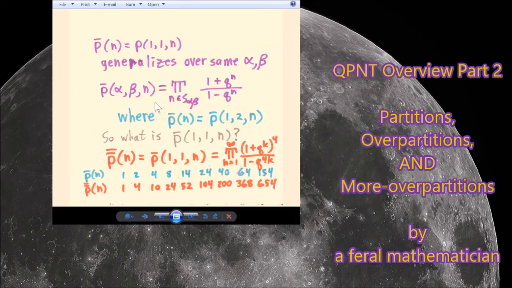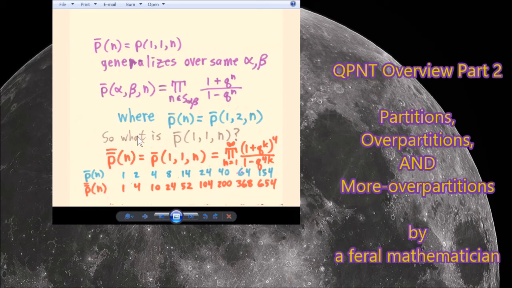And we end up with, just as before, the standard over-partitions of n given by the generalized function when alpha equals 1 and beta equals 2. So now we are back on a recurrence, a cycle, where we can say, well, what is the generalized over-partitions function of 1, 1 of n? Well, the answer is easy enough to compute.